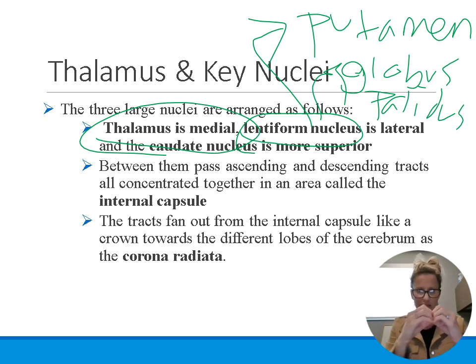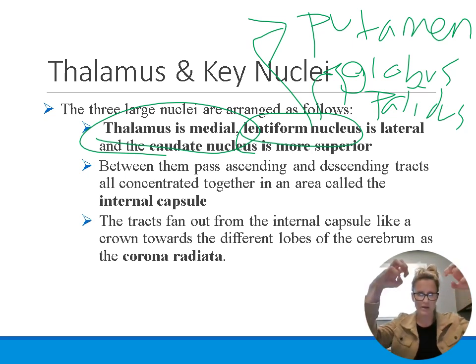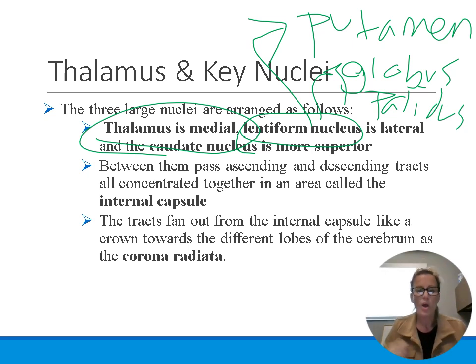Then if you go out lateral to that, you'll see the lentiform nucleus, which remember has two parts. And then the caudate nucleus is more superior to that. So you have the thalamus, then the lentiform nucleus, and above, the caudate nucleus.